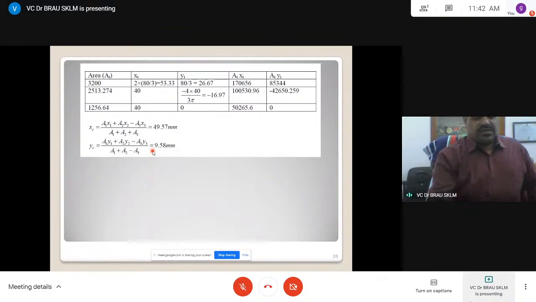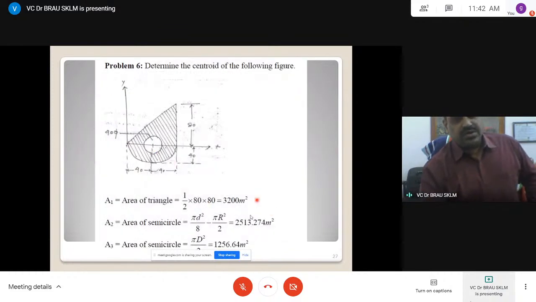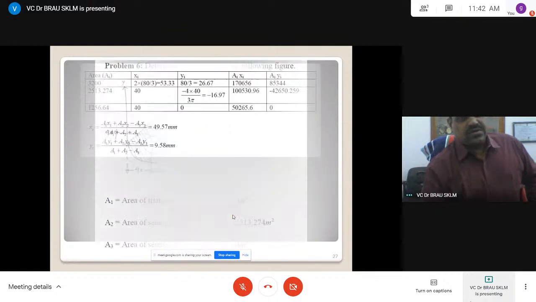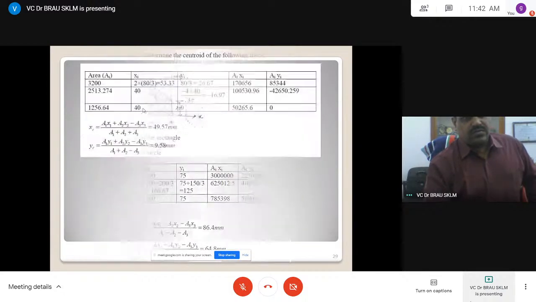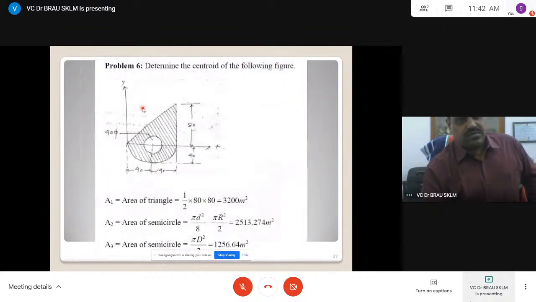The areas are already given, 3 areas. That is the first column. For x, due to this area, 40 means it is 20.